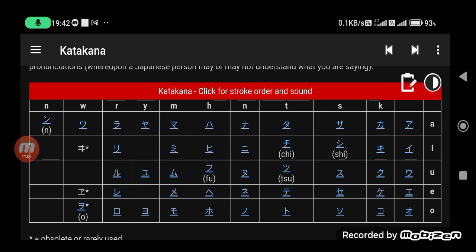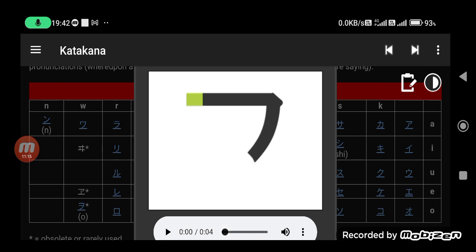We don't have HU in Japanese, but instead the HU is replaced by FU. Fu. Remember, we have discussed the dakuten and the handakuten forms.